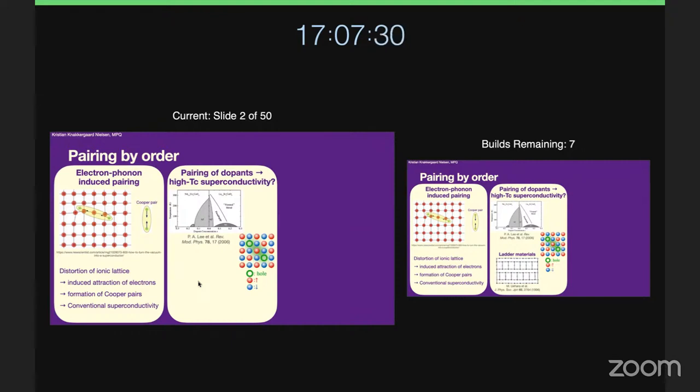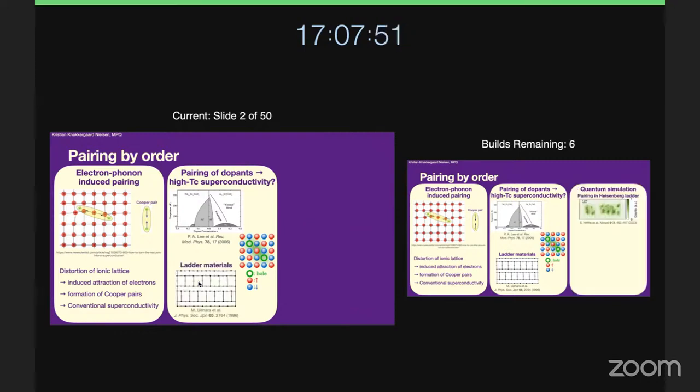The mechanism could be that you have these dopants that distort the magnetic background, and that leads to an induced interaction between the dopants, which leads to pairing and thereby maybe to superconductivity. Now, the system that I will eventually be talking about is a ladder system, and let me just stress that these kinds of ladder systems actually naturally arise in materials.